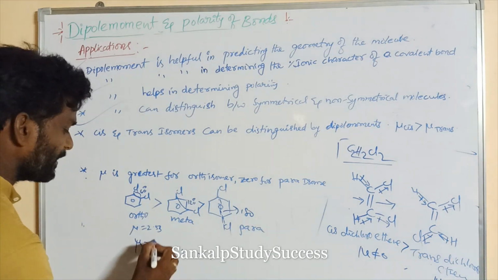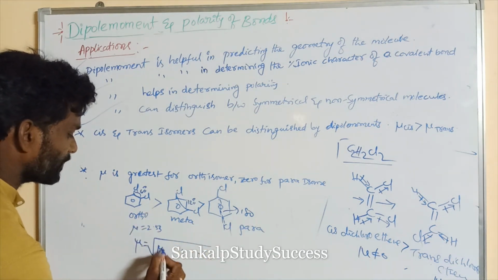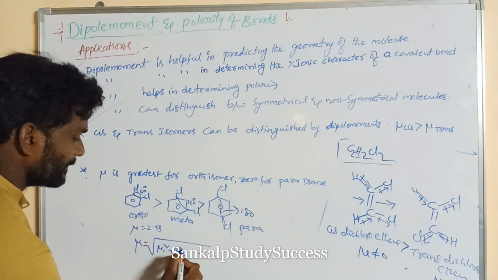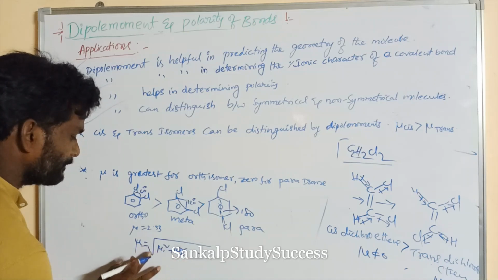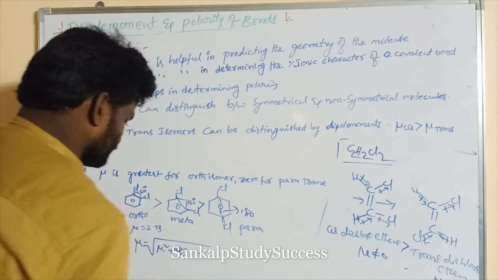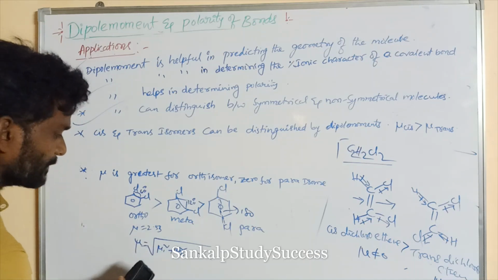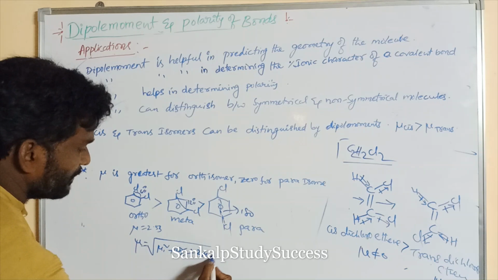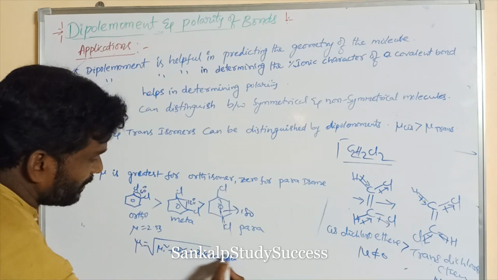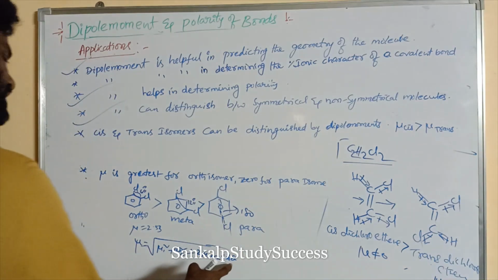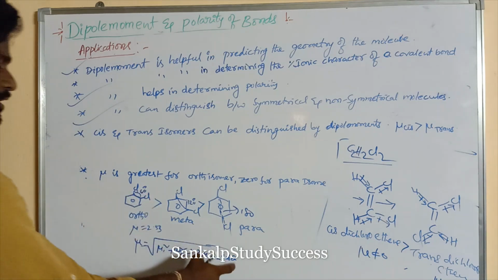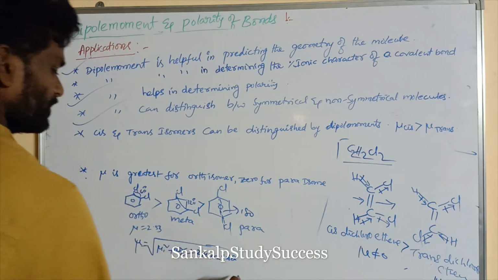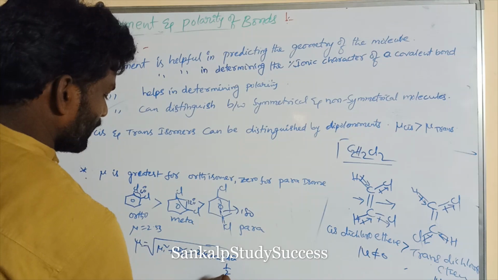the net dipole moment of this molecule is equal to the square root of mu1 square plus mu2 square plus 2 mu1 mu2 cos theta. All these are the same. Here theta is 60, so cos 60 means 1 by 2.